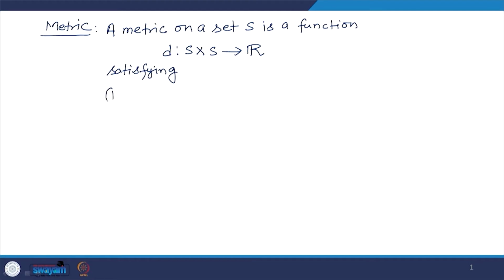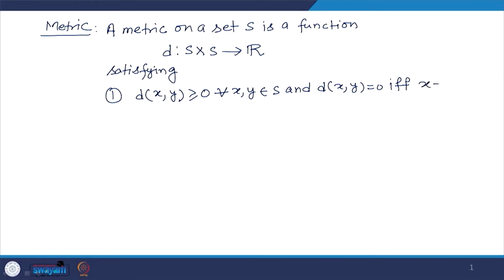And what are those properties? The first property is that d of x y is always non-negative for all x, y belongs to S, and it is 0 if and only if x equals y.